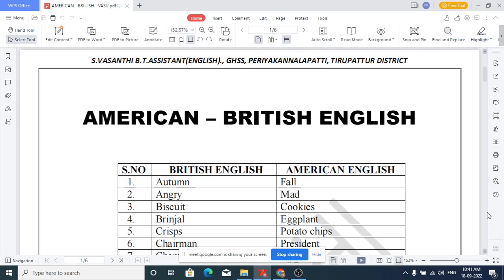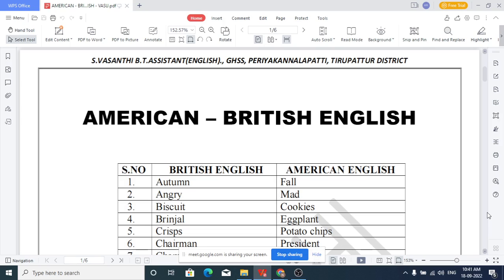In British English, we call that a biscuit. In America, it is called a cookie. Then, brinjal. In America, they call it eggplant, because the brinjal is shaped like an egg. They don't call it brinjal.